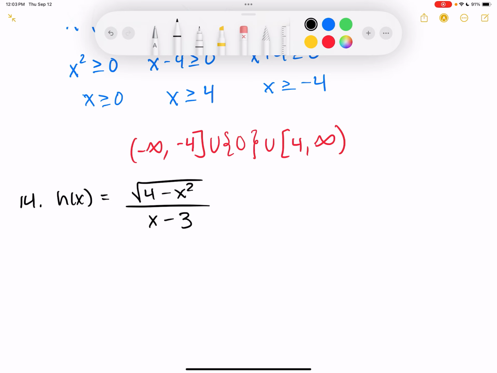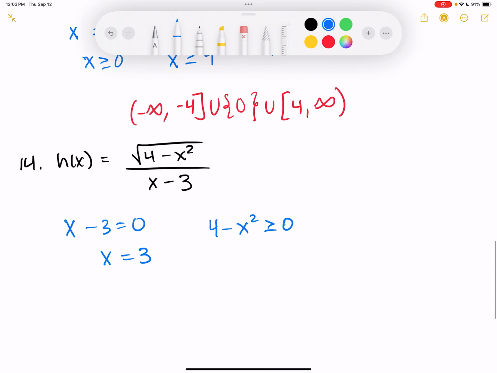Negative numbers, specifically on the top, and what else? And 0 on the bottom. So I'm going to have x minus 3 equals 0, and then I'm going to have 4 minus x squared is greater than or equal to 0. So I get that x equals 3.